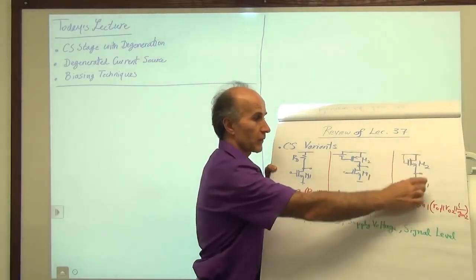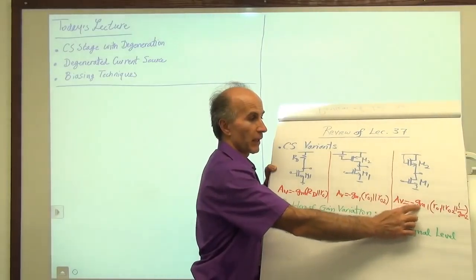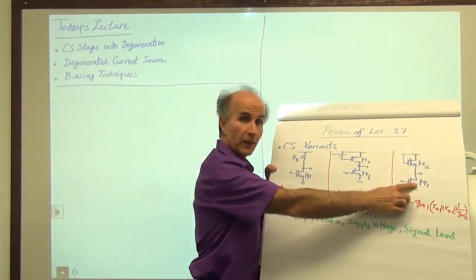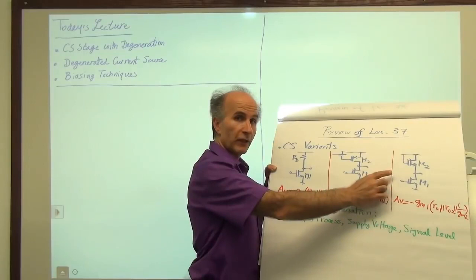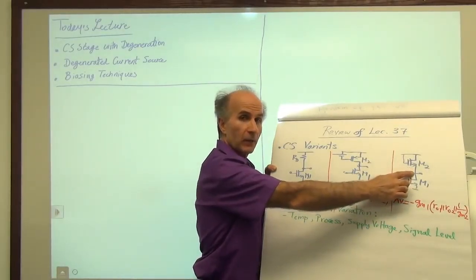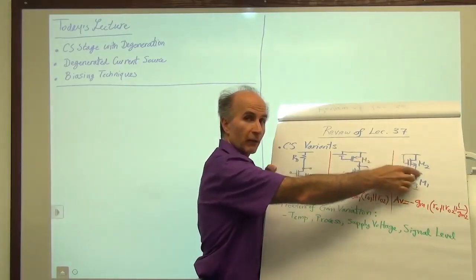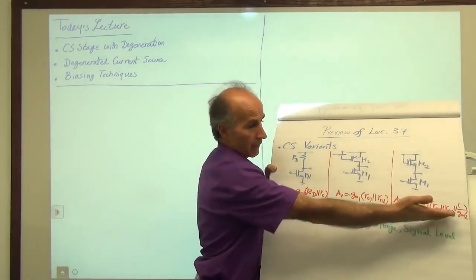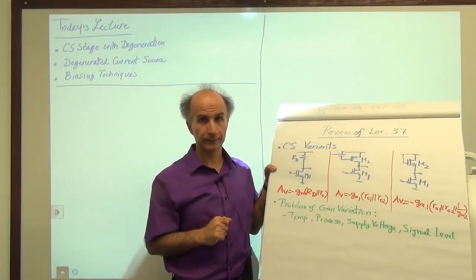So the overall voltage gain of the circuit will be given by minus GM of the amplifying device times the total resistance tied between the drain and AC ground. So we have 1 over GM2, we have RO2, and we have RO1, and that's how we get this expression.